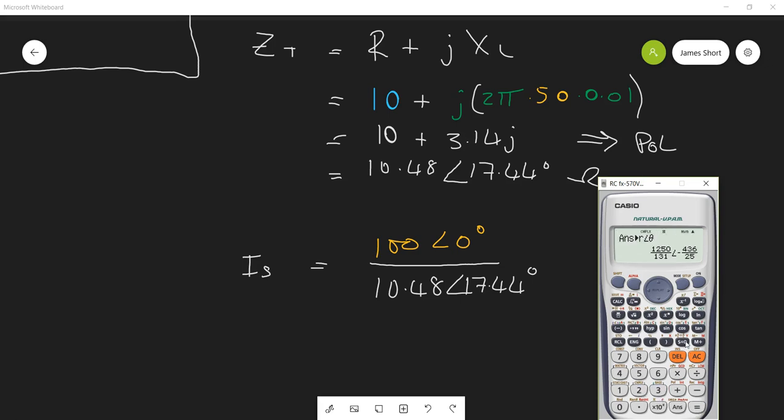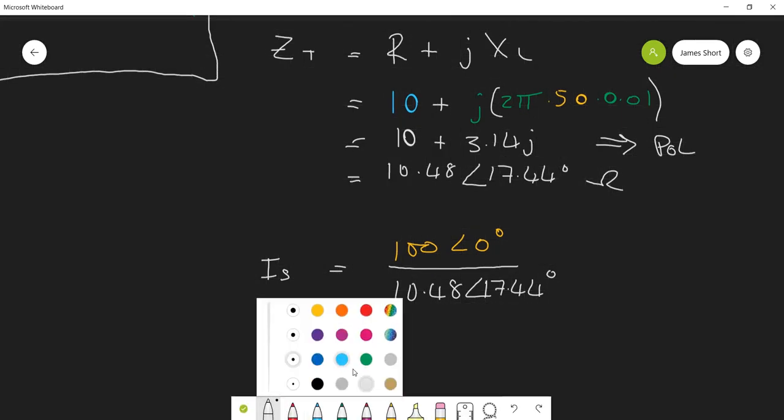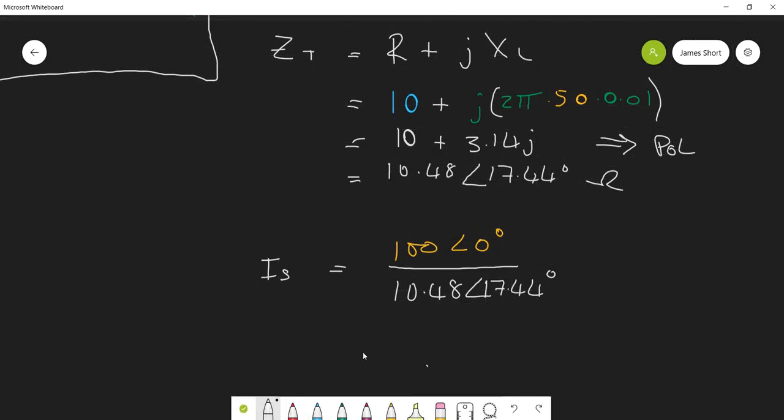And what we get is 9.54 at an angle of negative 17.44 degrees.